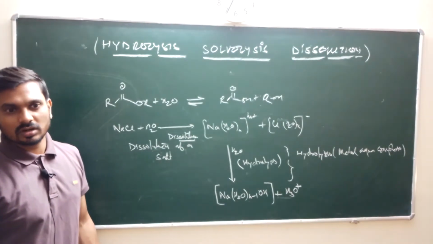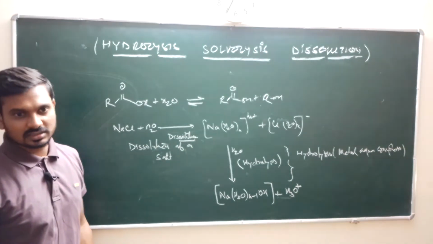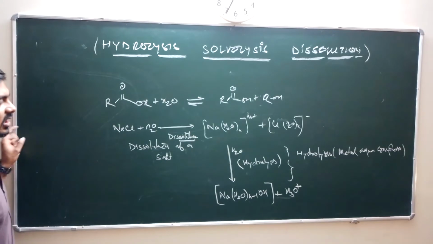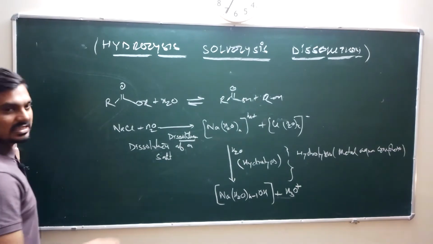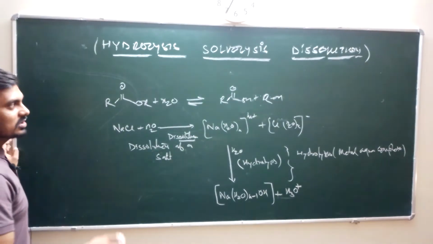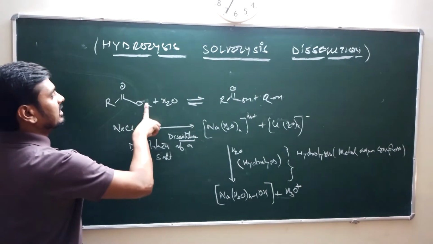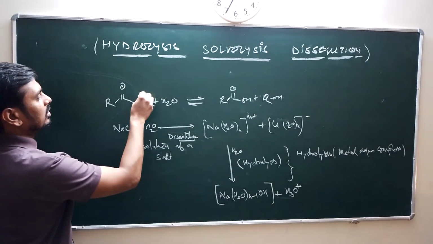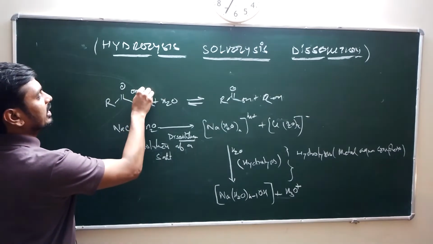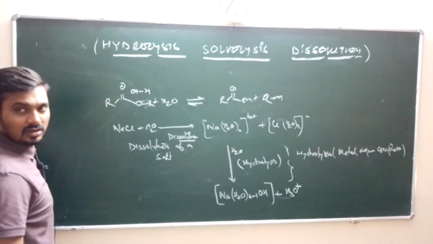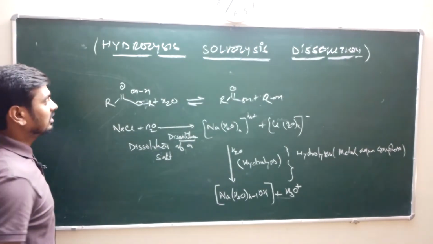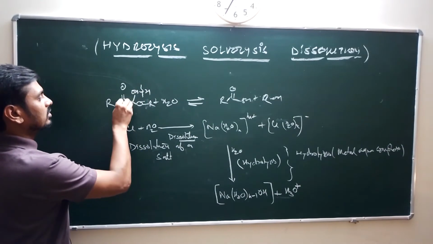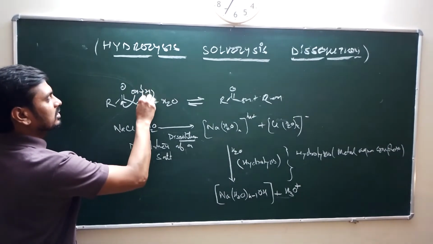Now one thing you are able to clearly see: if you look at exactly what has happened, there is a molecule with OH and H. What happens when this breaks up? This part goes with this side, and this part goes with this side.